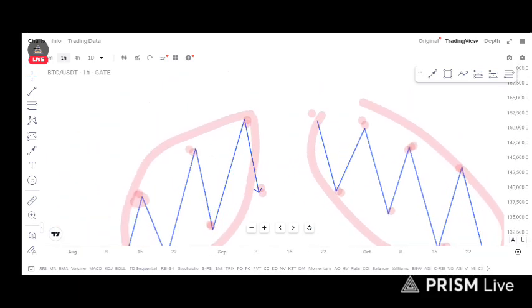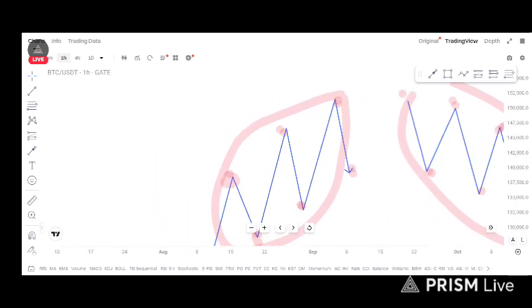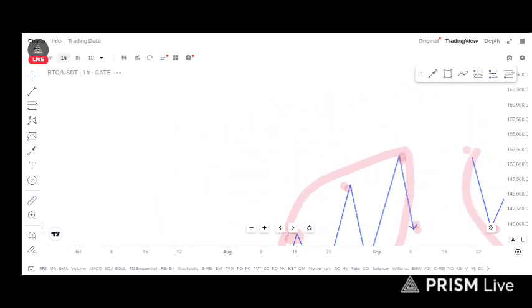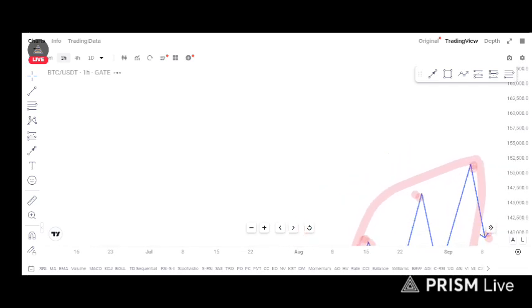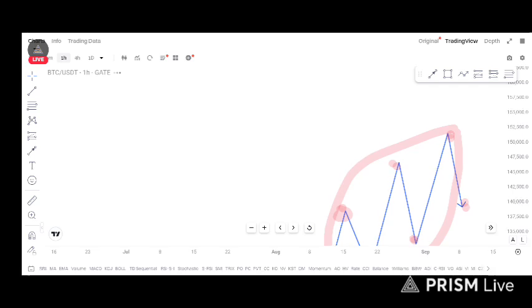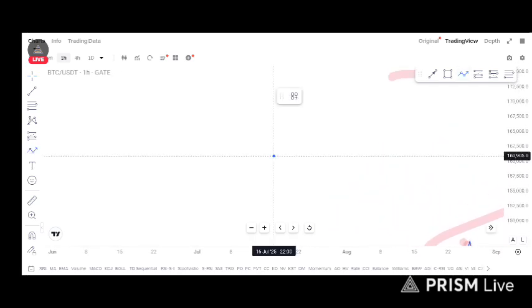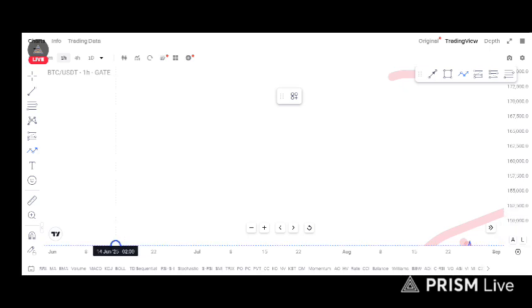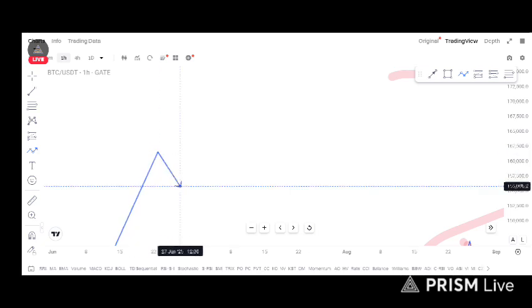So let's look into uptrend, so that you understand why this is called an uptrend, and why we have higher highs and higher lows in an uptrend. Now let's watch this. The market started moving up, and when it was moving up, it took a break and started going down.